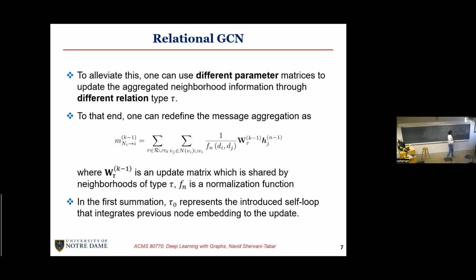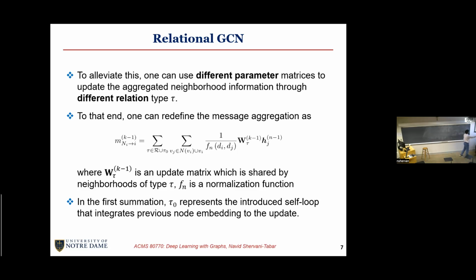In relational GCNs, what we do is take the parameter W that we have inside the summation, and define a relation-specific weight for each type of relation that we can have.